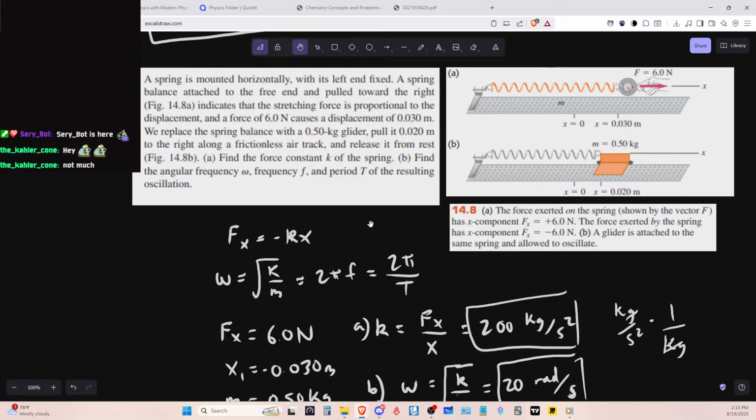So you pull that out to the right, so it's negative 0.020 meters, and then multiply that by 200.